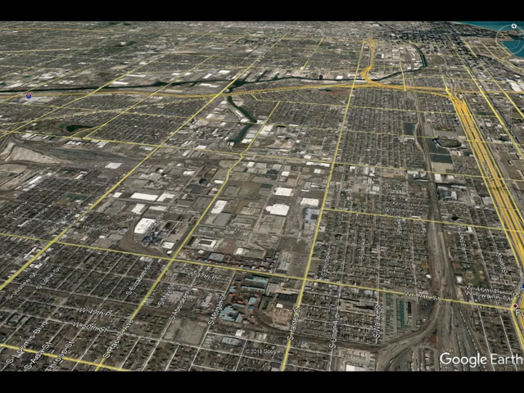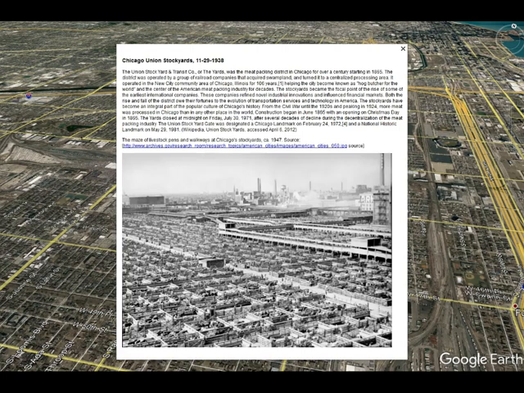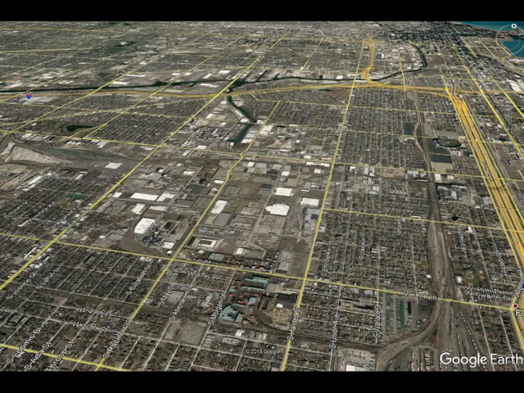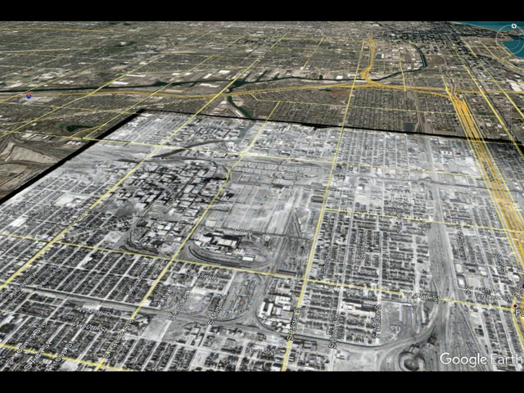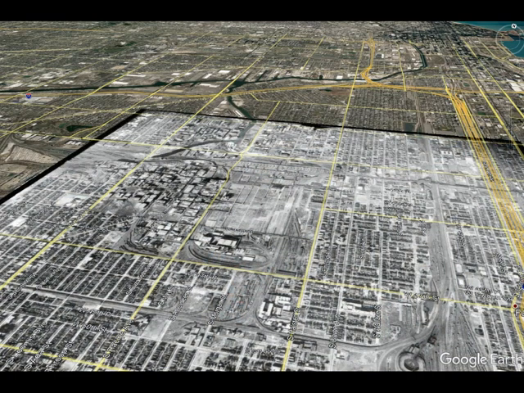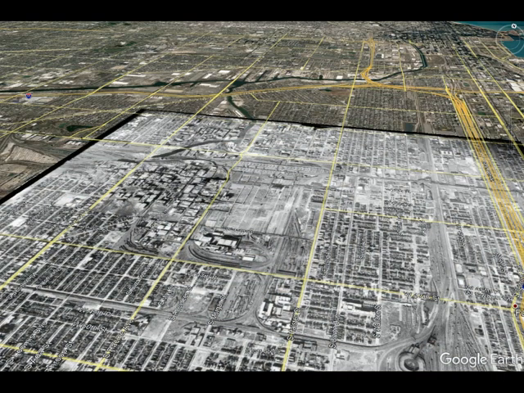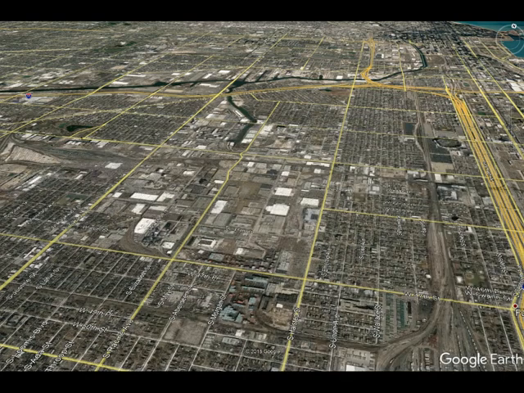And because this is a KML document, you can put some relatively interesting content in here. This is now a KMZ that's very easy to share. People don't have to have GIS to be able to look at that, and they can use this to help understand where we were in 1938 and where we are now.